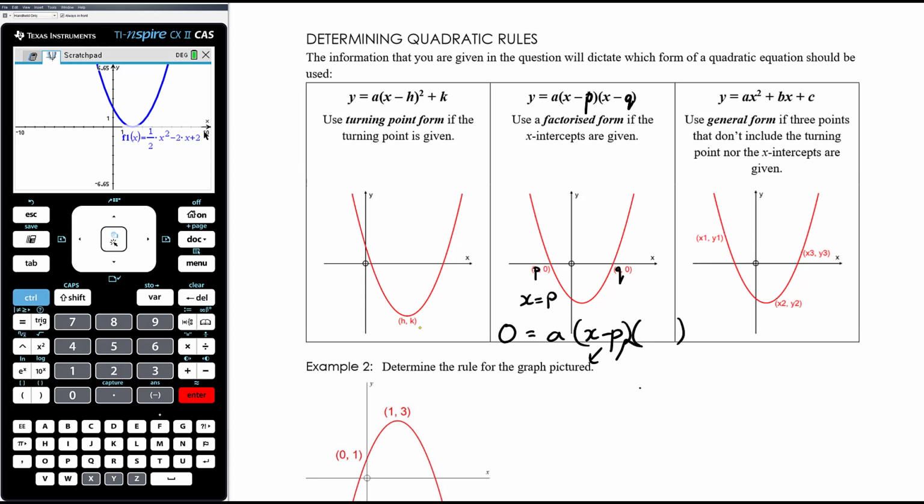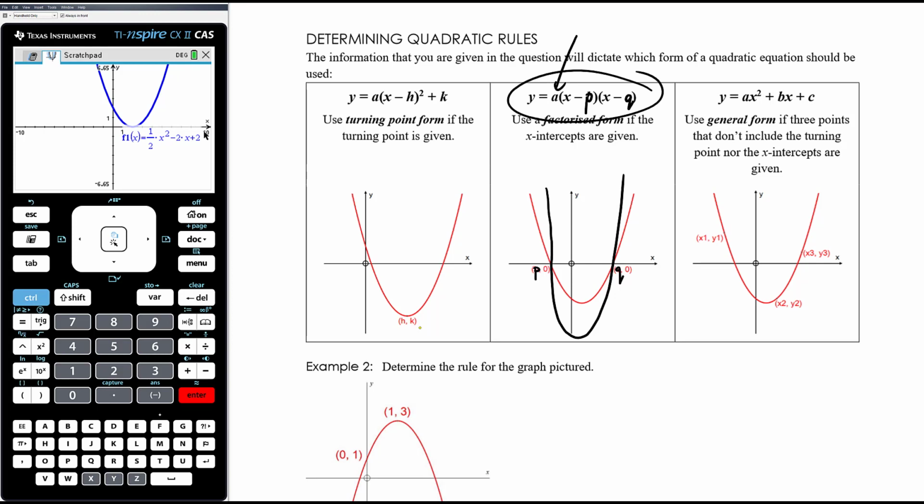Similarly, if x equals q is an x-intercept, (x minus q) will be a factor. So if we have the x-intercepts, we would start with a factorised form and then use some other information to work out the dilation, because there are infinitely many parabolas that have these same x-intercepts, and we need another point to know which one is this specific parabola.